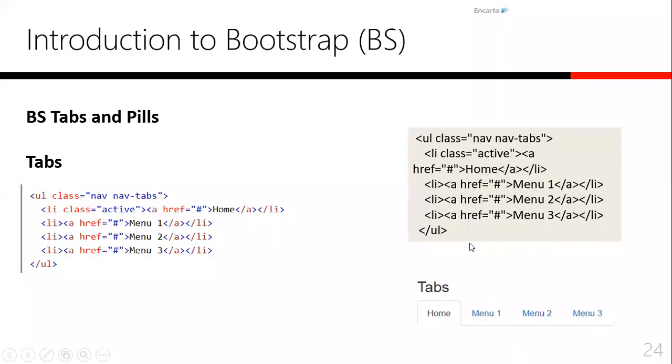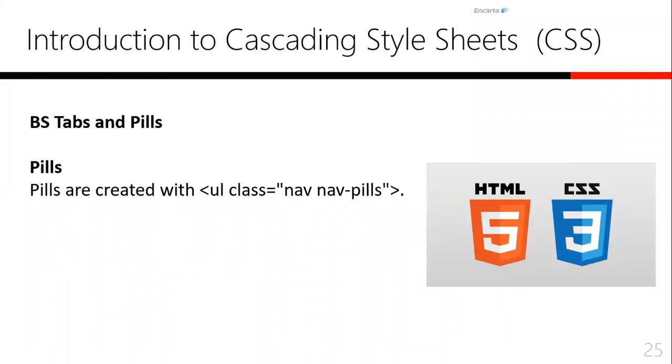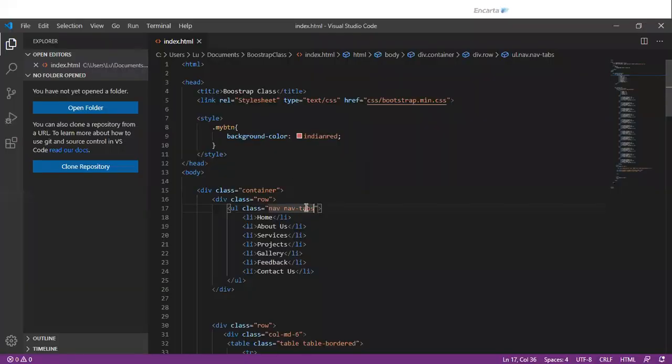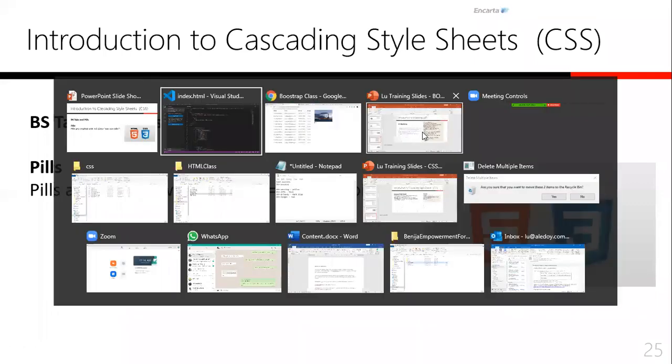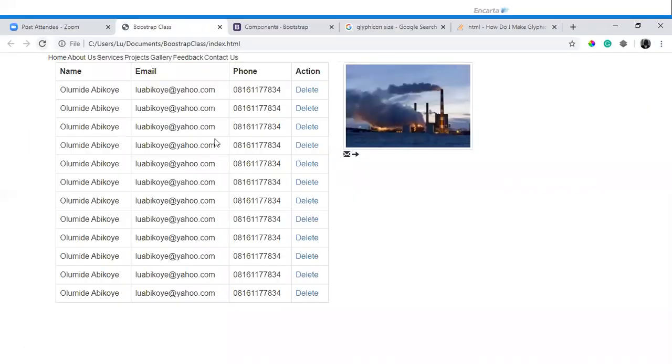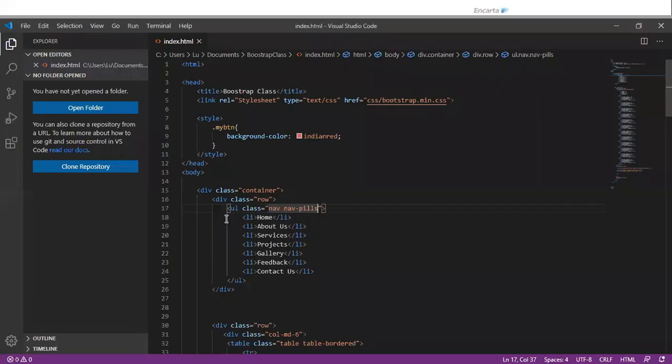So this is another issue with this version of Bootstrap. So before now, the tab will look like this. But let's look for another example. Let's try the pills. So from time to time, they upgrade their classes, but this shouldn't stop you.